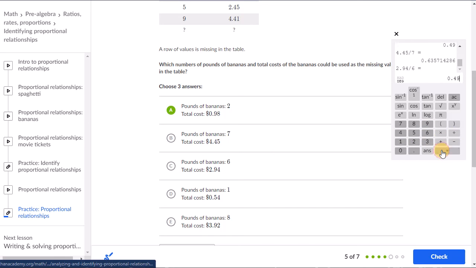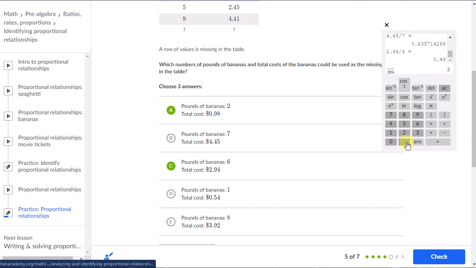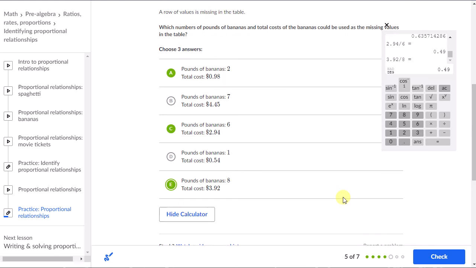Is that in proportion? Yes. So that's my second answer. 0.54 divided by 1? No. So it's going to be this last one, but let's just check it. 3.92 divided by 8. 0.49. So there's my three answers.